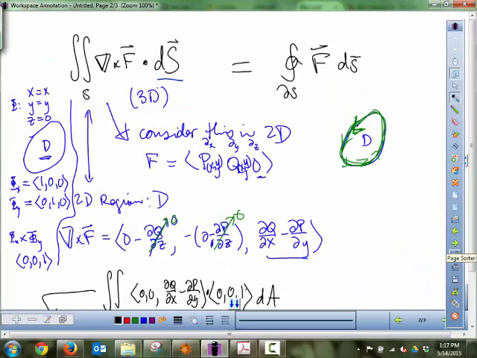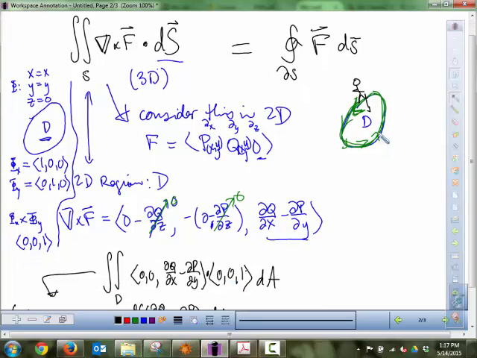That was a little bit harder to think about. If you could just remember the right-hand rule, that's fine. But yeah, if you're walking along here, the inside of that region is on my left side.